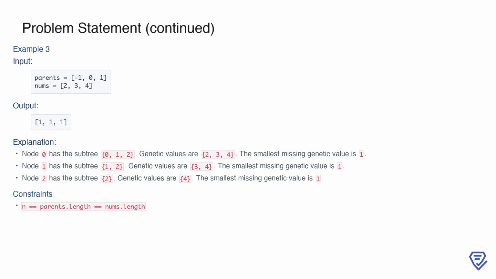For node 1, its subtree includes itself and node 2, with genetic values 3, 4. Again, the smallest missing genetic value is 1. For node 2, its subtree is only itself, with a genetic value of 4. The smallest missing value is still 1. This example highlights cases where genetic values do not start at 1.